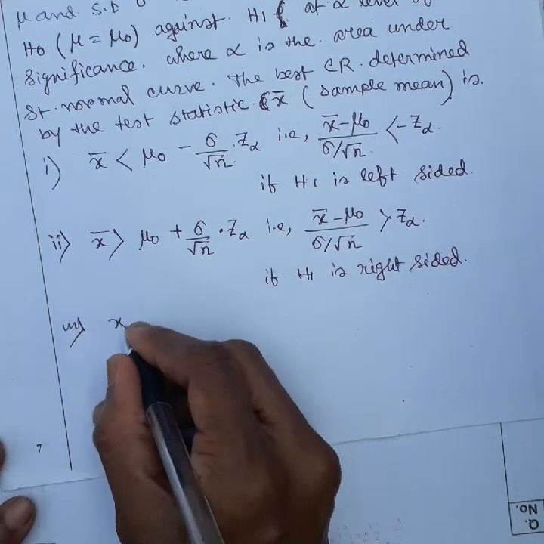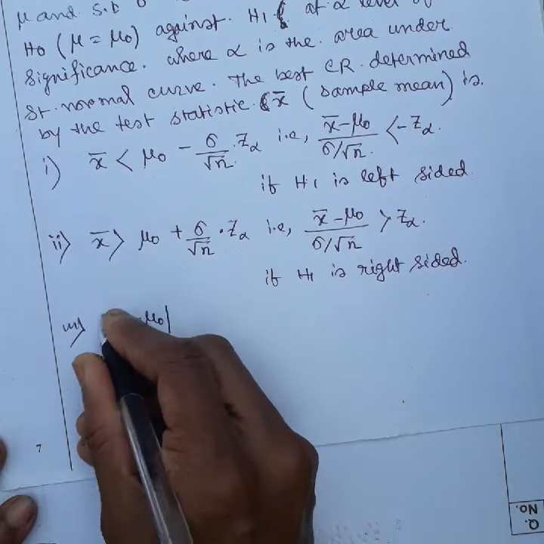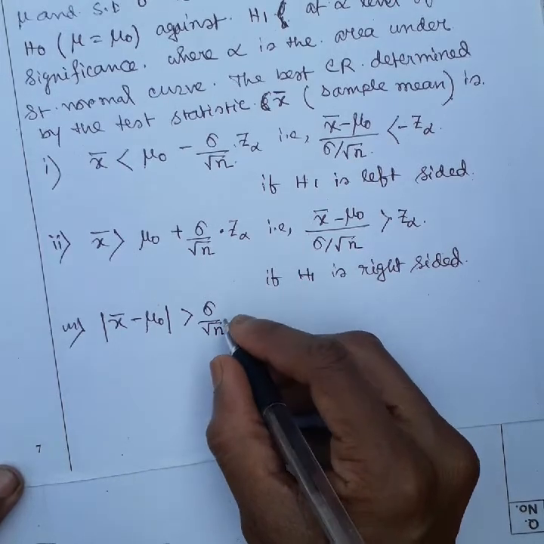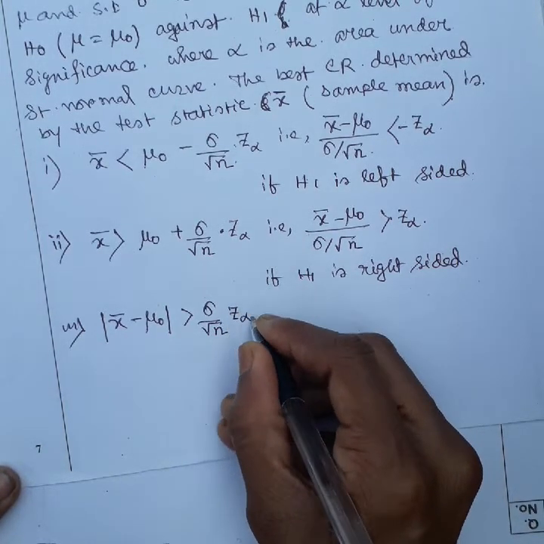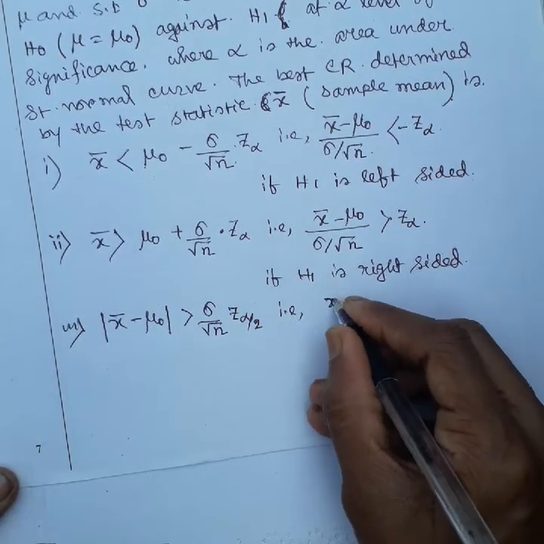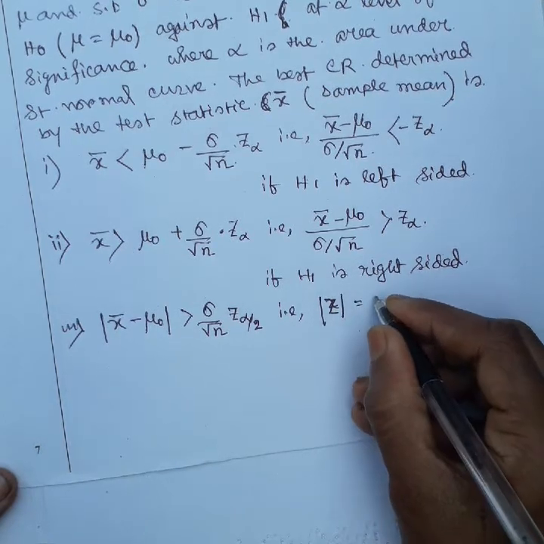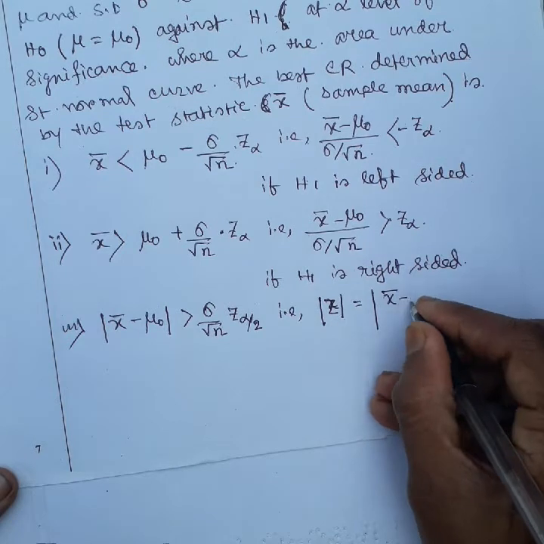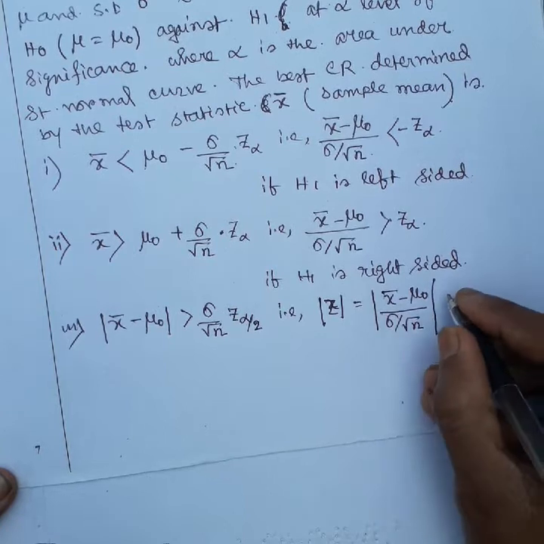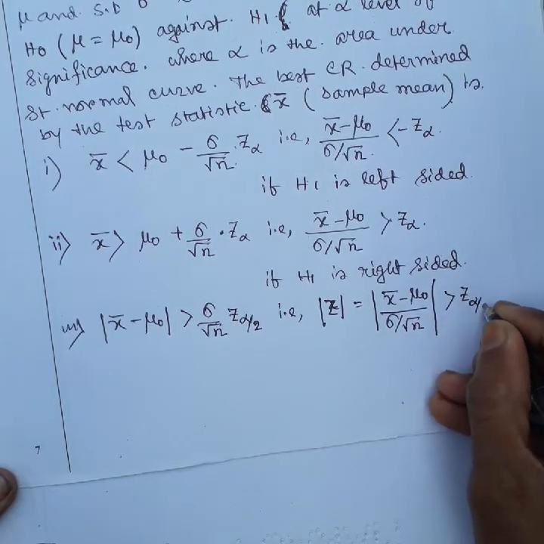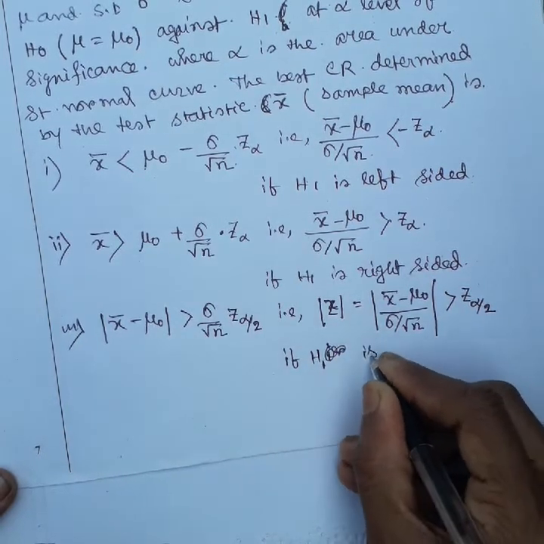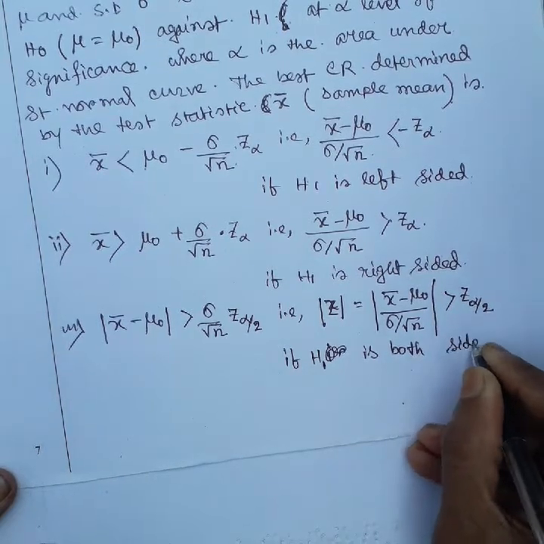And number 3 is mod of (x bar minus mu 0) greater than sigma by root n into z alpha by 2. That means mod z is equal to mod of (x bar minus mu 0) by (sigma by root n) is greater than z alpha by 2, if H1 is both sided.